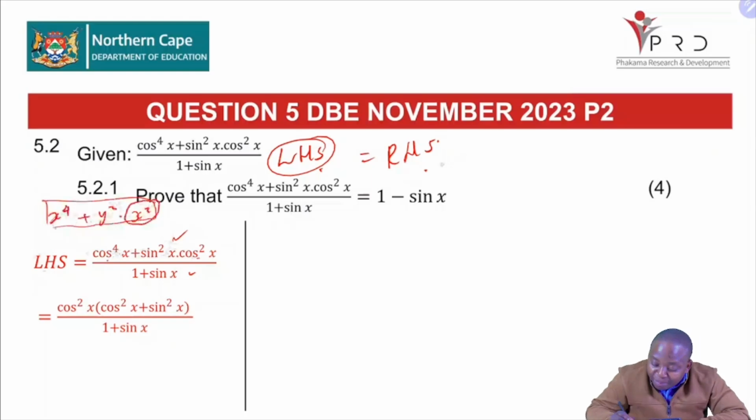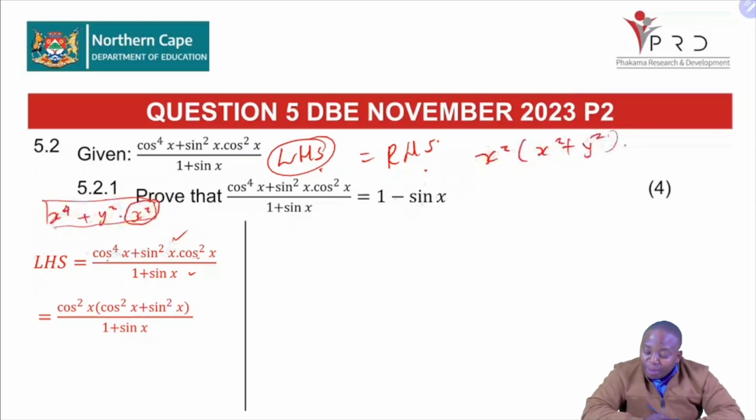When I pull out my x squared as a common factor, I am going to remain with x to the power 2 plus y squared, because the y squared is not common. Then that is what I'm going to remain with. So this is what I'm going to do.